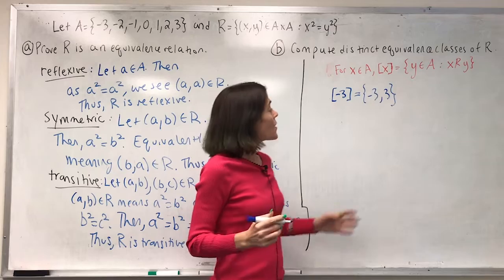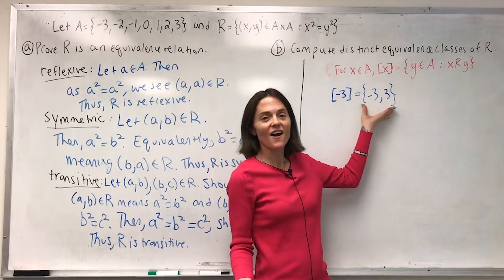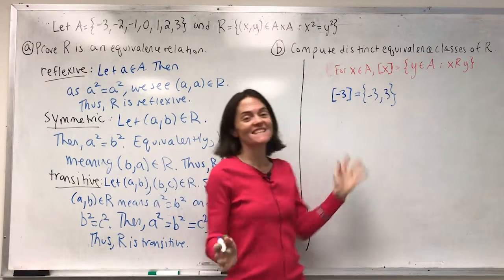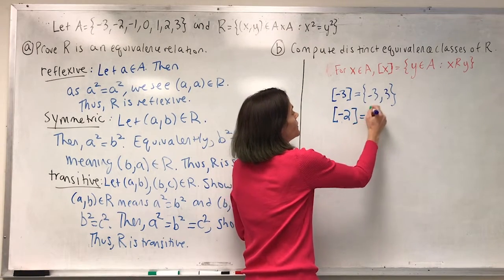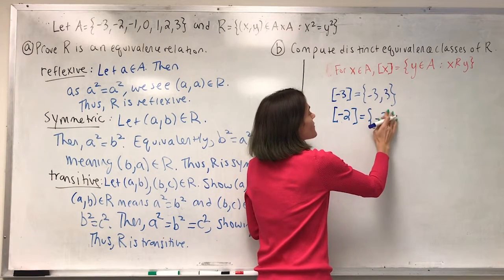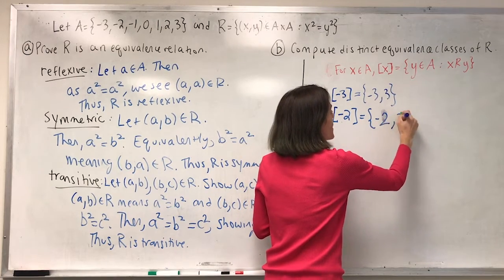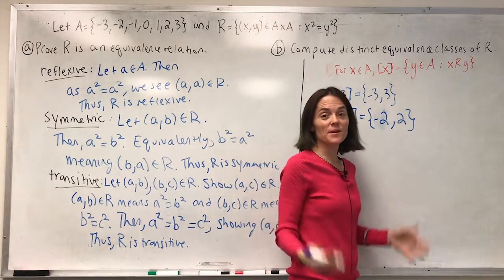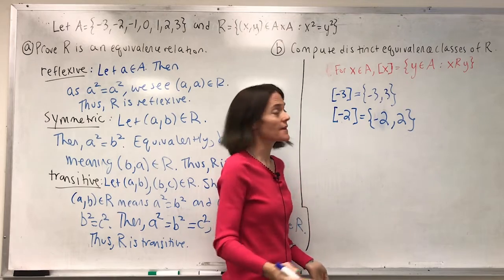Now we need to keep computing because this by itself is not all of A. So you pick something in A, not listed yet. I can do, for instance, minus 2. Then the class here will have minus 2 and also positive 2. Now I keep computing because these two classes do not union to all of A yet.